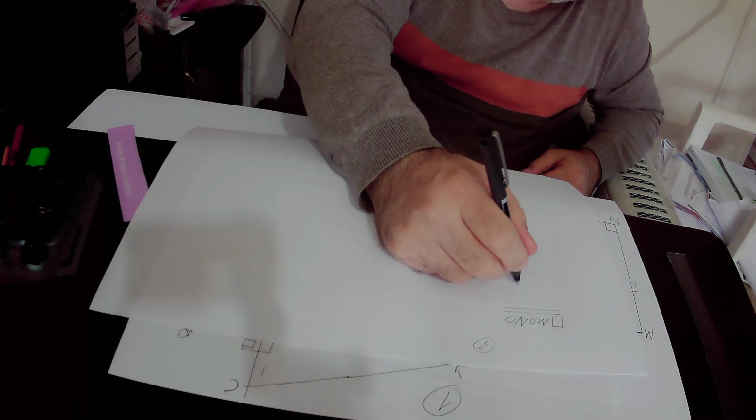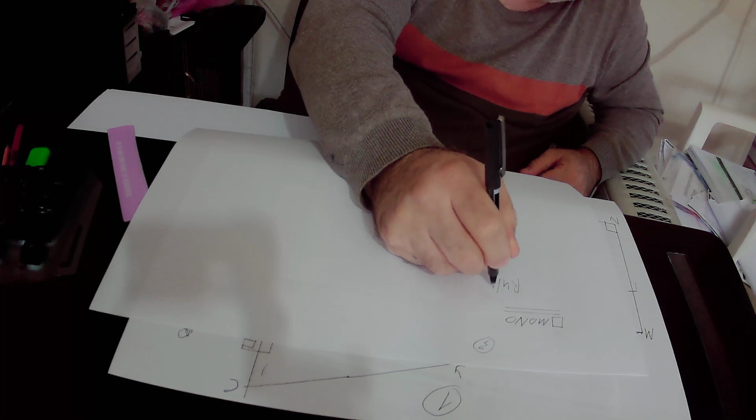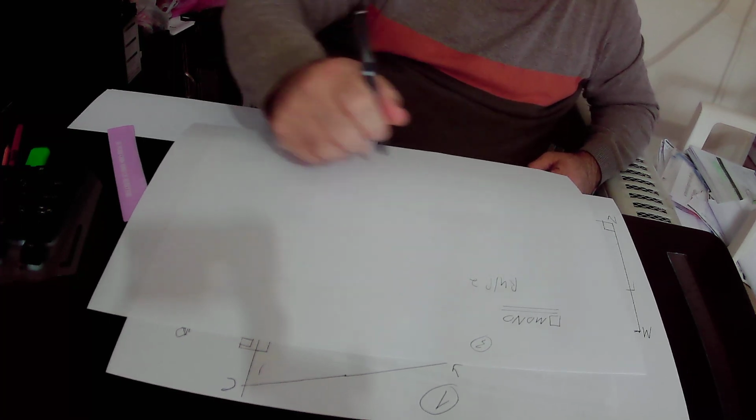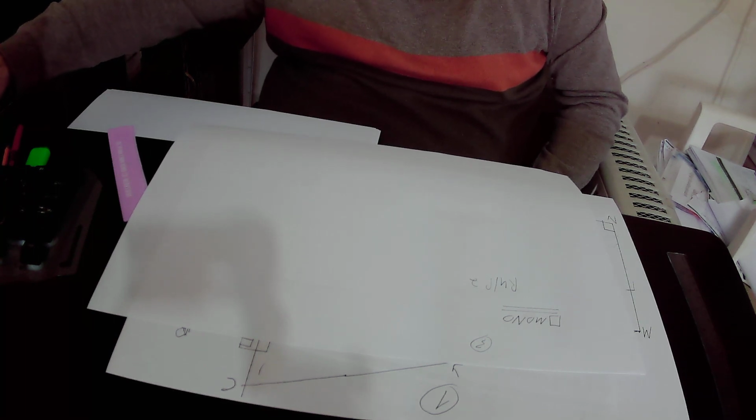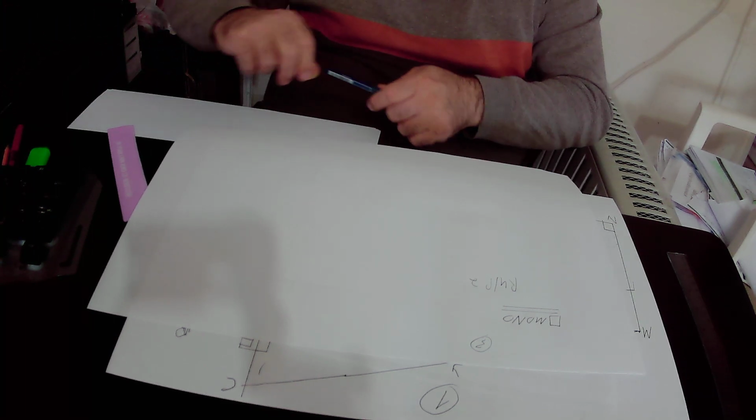Rule number 2 states that the sum of the angles in any quadrilateral equals 360 degrees.